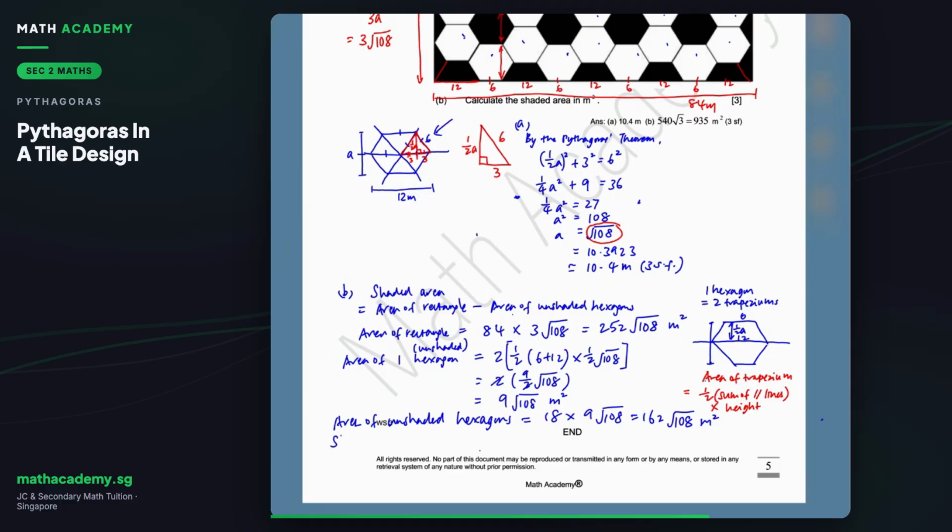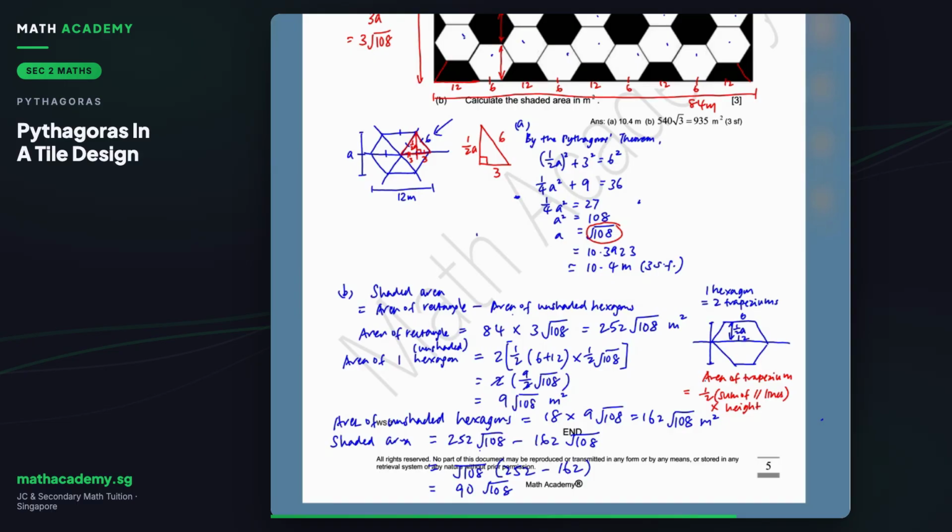Now we can go on to find the shaded area. So shaded area, take the area of the rectangle, which is 252 root 108, minus away the area of the unshaded hexagons, 162 root of 108. Notice that these two terms both contain the common factor of root 108. So I'm going to take it out as a common factor: root 108 times (252 minus 162). In the brackets, when you minus, you get 90.